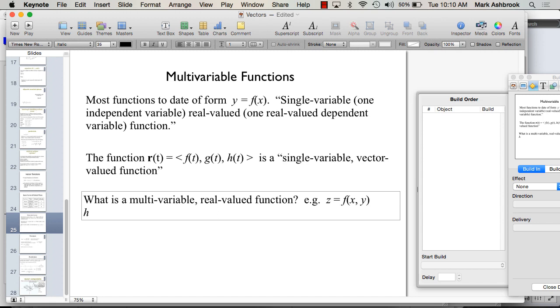So we could say H equals, say, g of r, t. So H would be wave height.